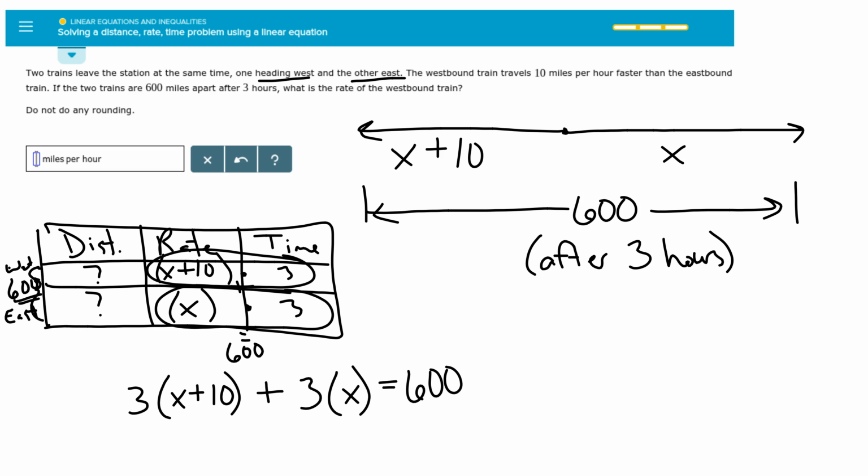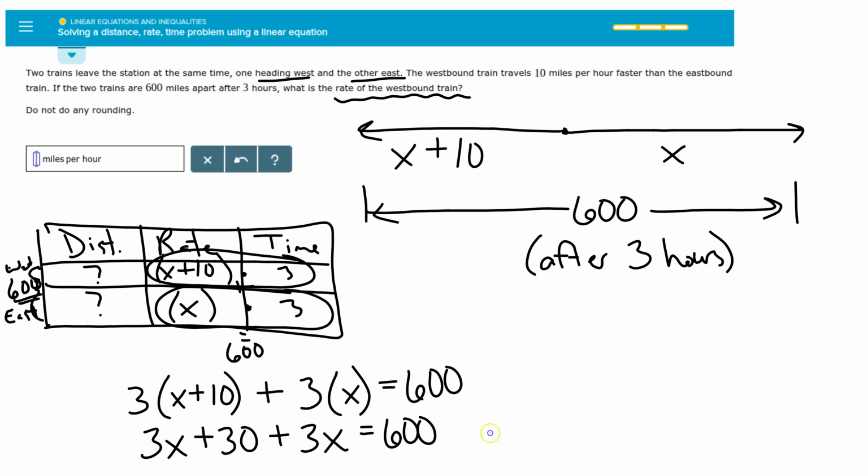Now it's just a matter of solving for x, which is the rate of the eastbound train. Eventually we will have to find the rate of the westbound train, but we'll start with finding the rate of the eastbound train since that's x. So 3x plus 30 plus 3x equals 600.